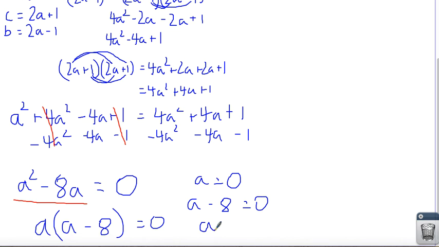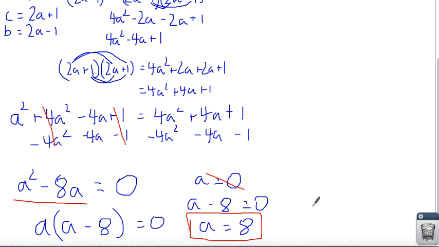So then A would equal 8. Now, because we're solving for the length of the side of a right triangle, obviously A cannot be 0. We can't have 0 as a length. So then A equals 8 is the length of the shortest side.